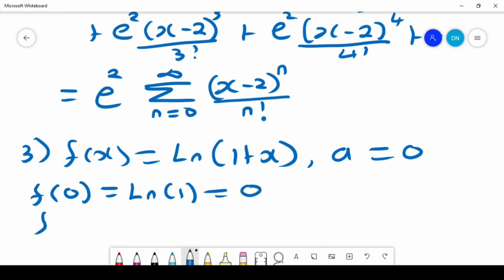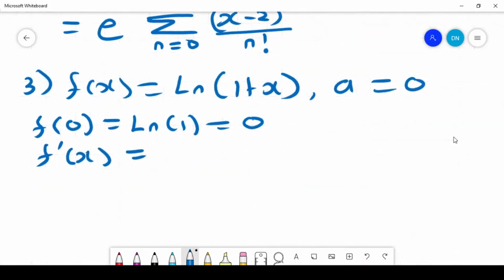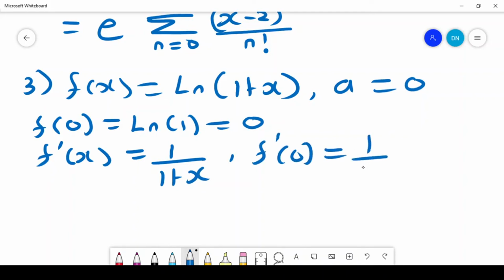And then we differentiate the function ln of 1 plus x. So how do we differentiate the natural logarithm? We differentiate 1 plus x, which is 1, and we divide by 1 plus x. And then f prime of 0 will be 1 over 1, which is 1.